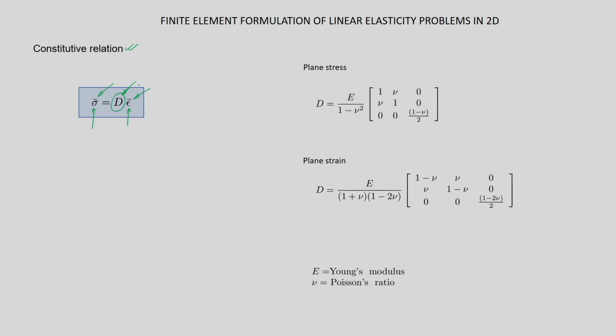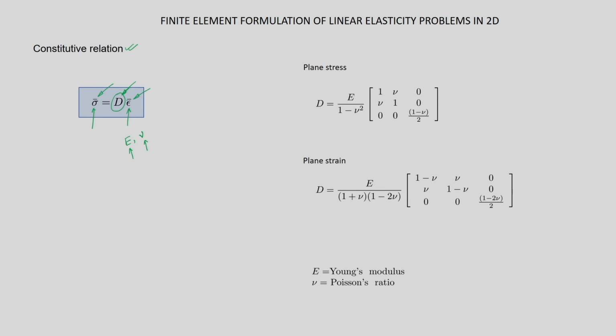But if we consider all the symmetries, and particularly for a linear elastic isotropic material, we will have only 2 independent material properties, that is Young's modulus and Poisson's ratio, that will govern D. Alright. But in the 2 dimensional case, the stress vector has sigma xx, sigma xy and sigma yy, whereas epsilon has epsilon xx, epsilon xy and epsilon yy.